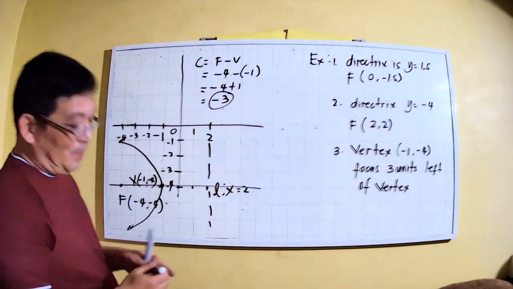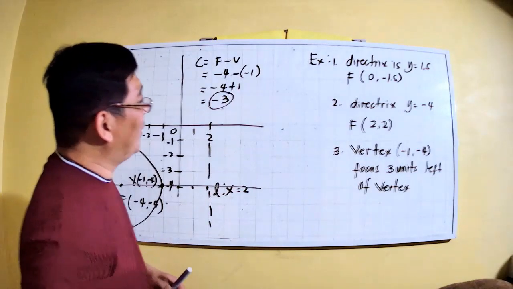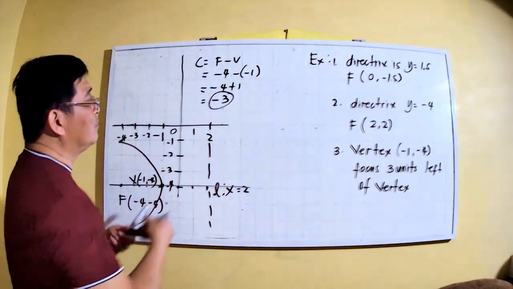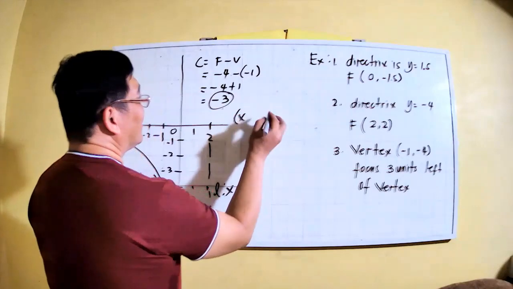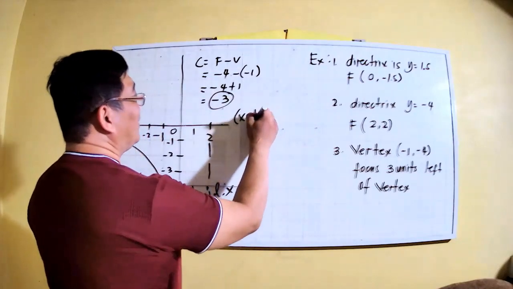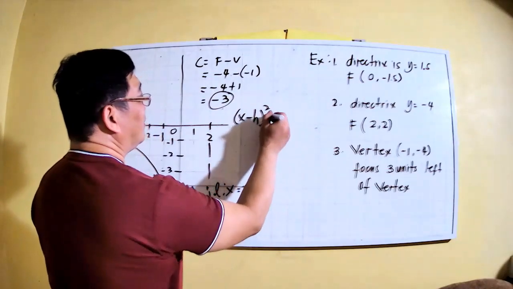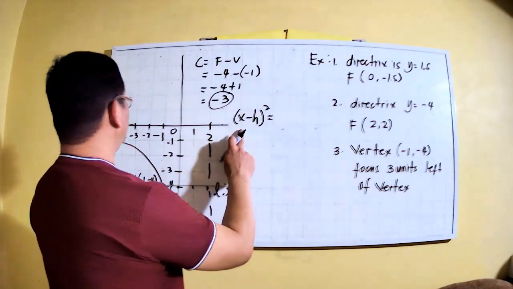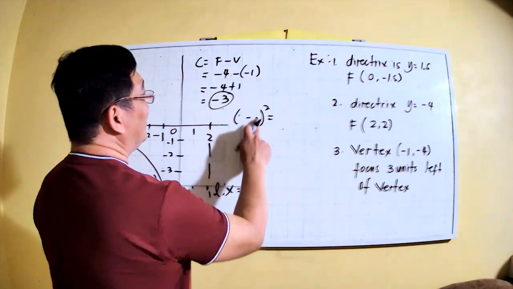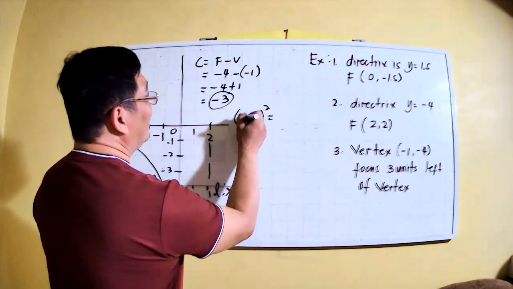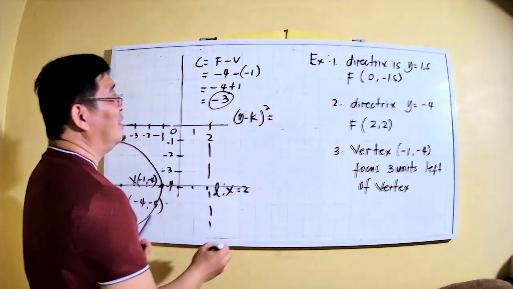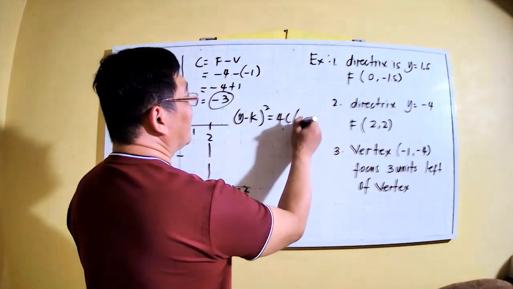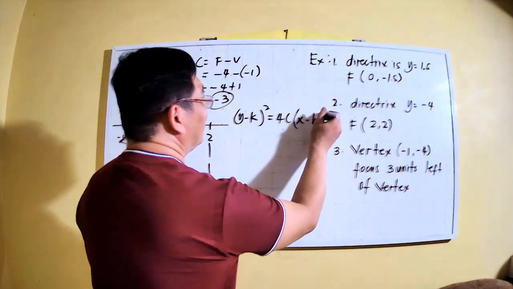So, pag opens to the left, ang gagamitin nating formula is, I'm sorry, that is y minus k squared is equals to 4c times x minus h.